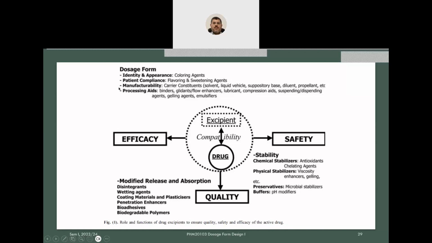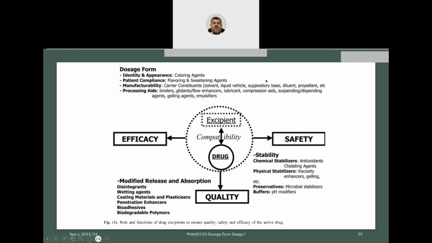They must be there. For example, if your propellant escapes from the container of the aerosol, it will not act. Then you lost the efficacy, right? Suppository bases should not change, should not interact with the drug, so that the drug release from the suppository base will be the same. The performance of your product is the same.